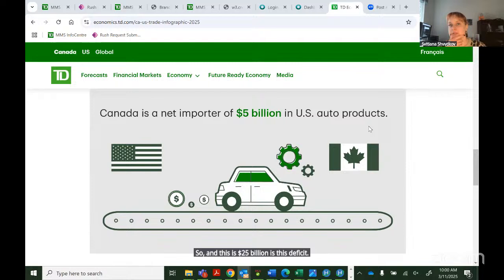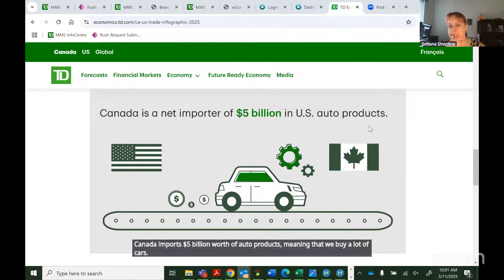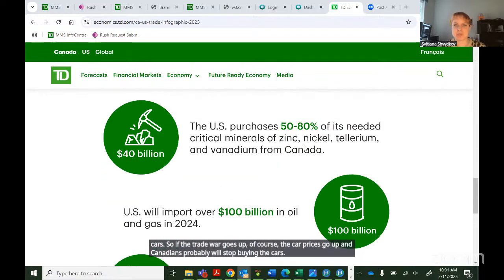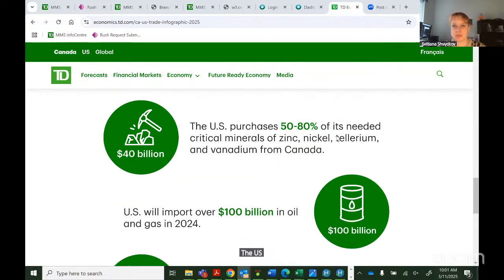Canada imports $5 billion worth of auto products, meaning that we buy a lot of cars. So if the trade war goes up, of course, car prices go up, and Canadians probably will stop buying cars. The U.S. purchases 50 to 80% of its needed critical minerals of zinc, nickel, tellurium, and vanadium from Canada.